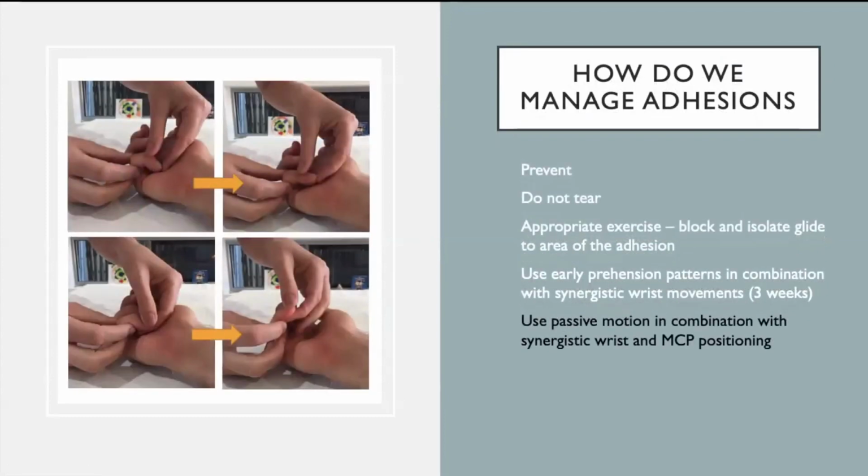We might also consider using an element of passive motion in combination with some synergistic wrist, MCP and PIP joint positioning. I'd caution you with this one. It's one you'd want to use with an experienced therapist. It's certainly not an exercise you'd give your patients to take home, but we've successfully used this to achieve some nice joint stretches when there's a risk of joint stiffness.